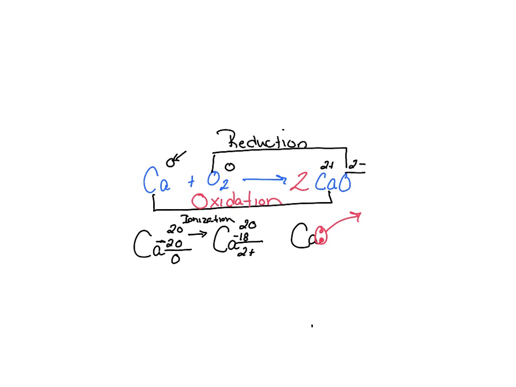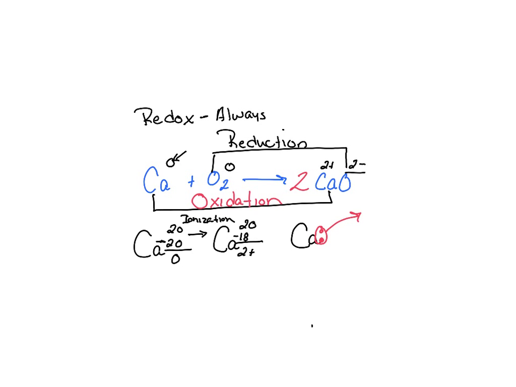So in this reaction, or this redox reaction, we have something that's oxidizing and something that is reducing. Because you have something that's oxidizing and something that is reducing, we call this an oxidation reduction reaction. These things always happen together.